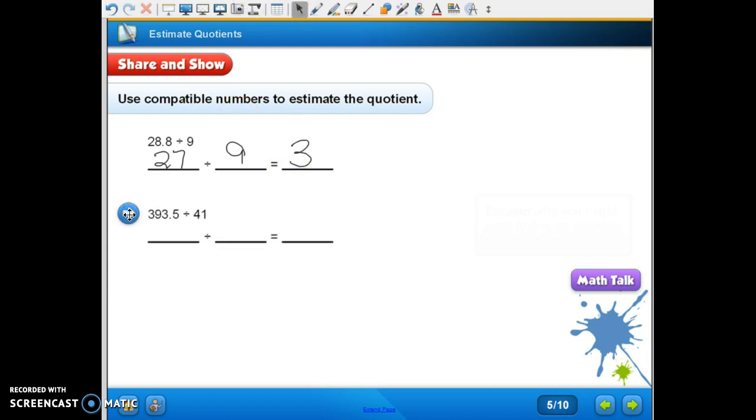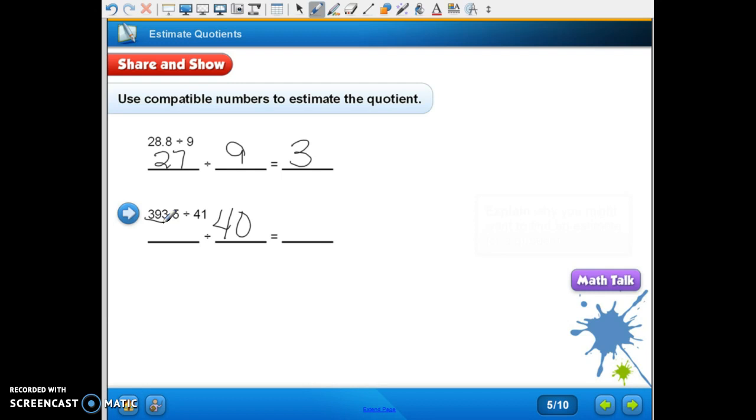Second one is 393.5 divided by 41. Let's look at our divisor. What are we going to estimate our divisor to? 40. Okay, now think of your multiples of 4 that are close to 39. 36. What would be the next? 40.